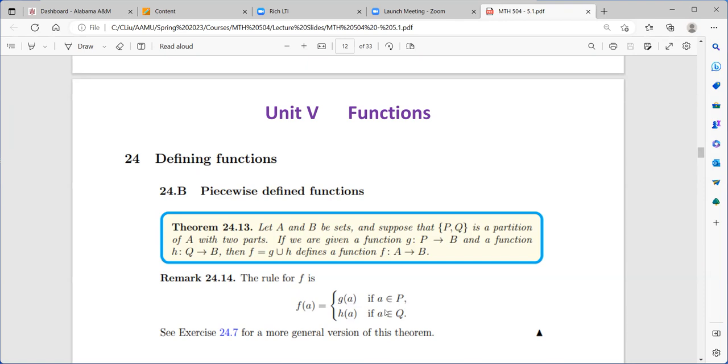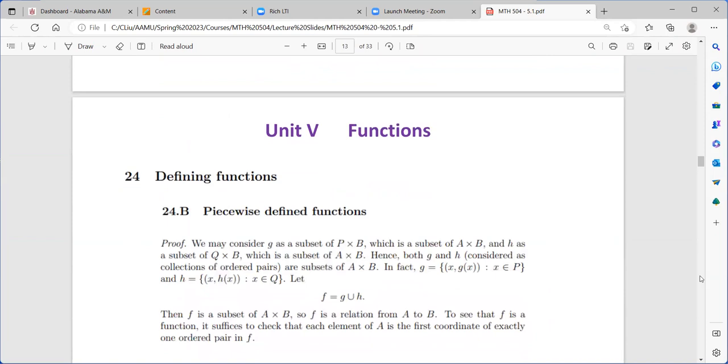If a is in Q, the other part of the partition, then the function value is the same as h(a). That's typically the notation for piecewise defined functions, and we already see that quite a bit.